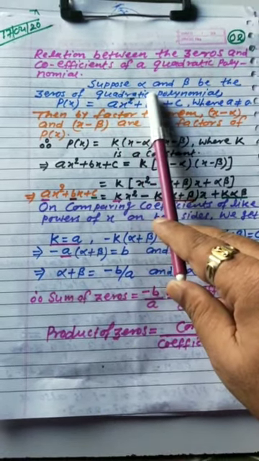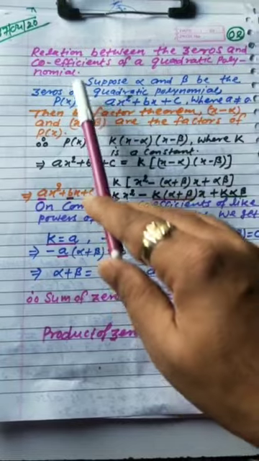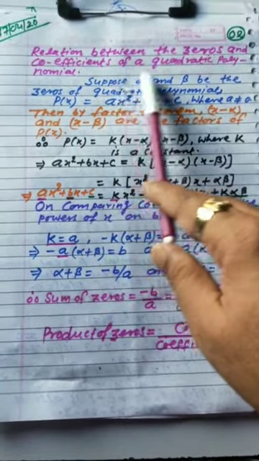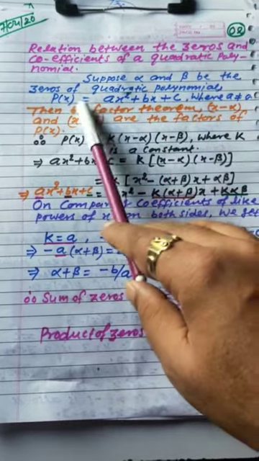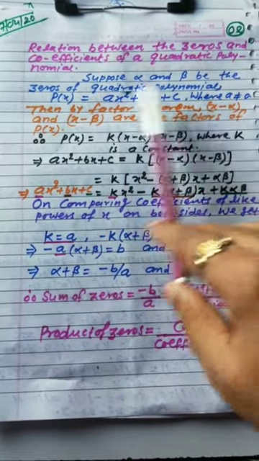Suppose alpha and beta are the zeros of a quadratic polynomial p(x).